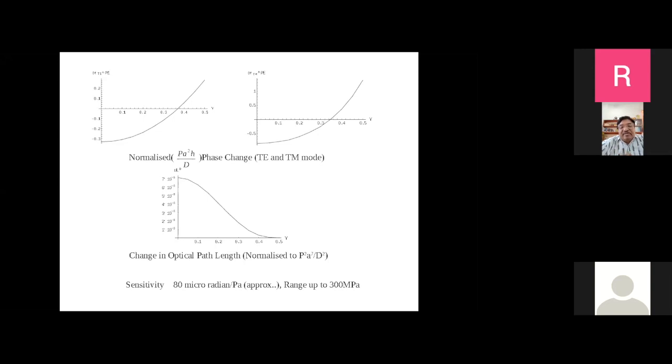Typically, you can get a sensitivity of the order of 100 microradians per kilopascal. So that is the order of magnitude that is possible. And these mechanical structures are quite stiff. You can go up to several hundreds of megapascals or even a gigapascal in some, depending on the size of the structure. So they are very strong, and very small changes are sufficient to make them sensors. That is what I would like to mention here.